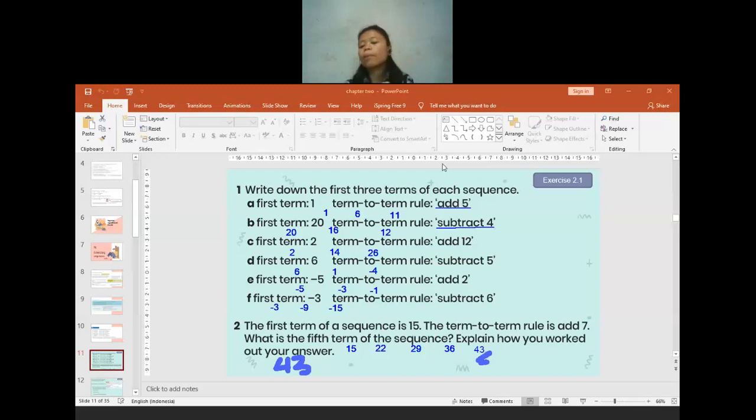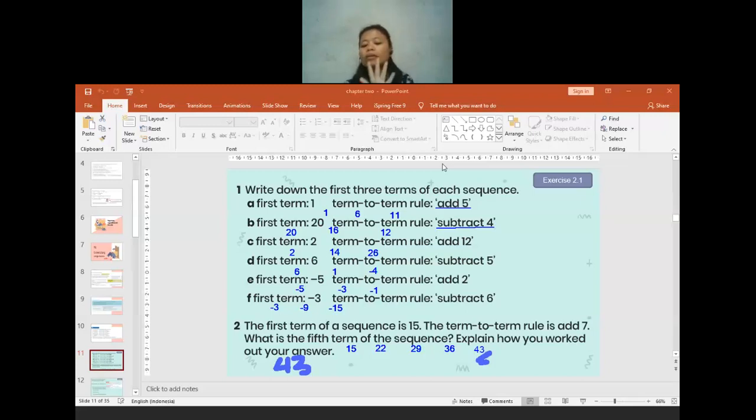So 15 plus 7 equals 22. And then to find the next number after 22, I need to add 7 to 22, which equals 29. After that, I add 7 again and again until I find the fifth term.